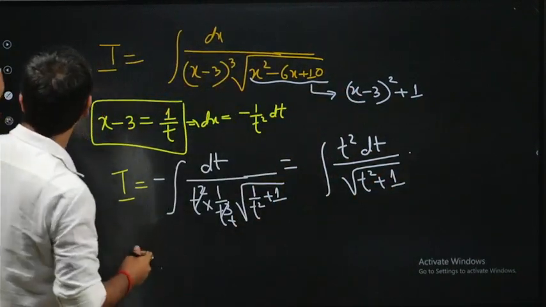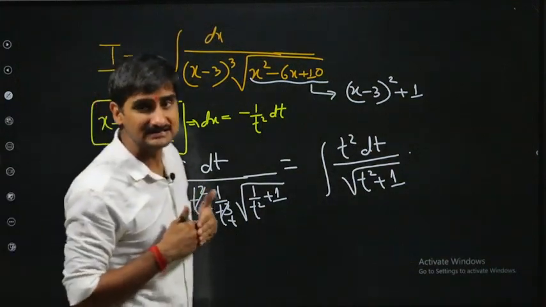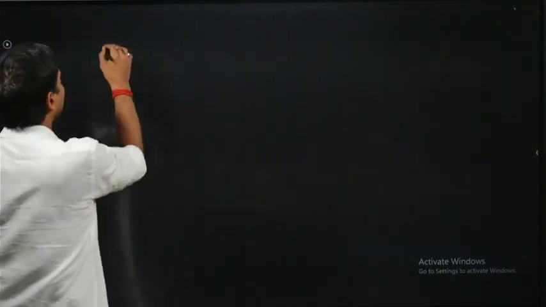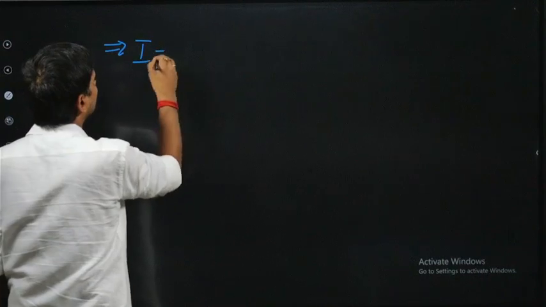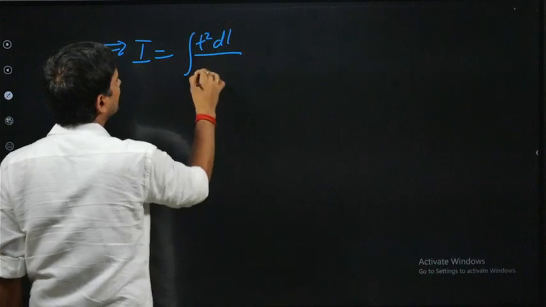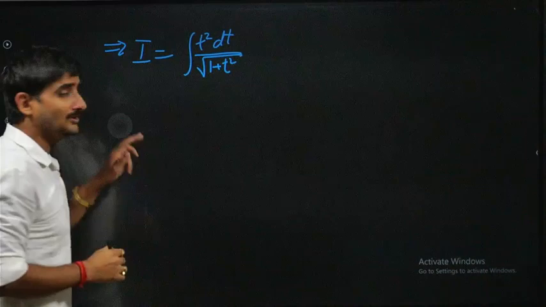So that's it. Now, as I said, the other things involved are standard special integrals. So we have our integral as the integral of t square over under root of 1 plus t square with respect to t. What shall we do now?